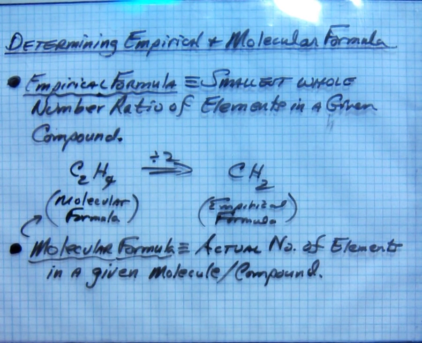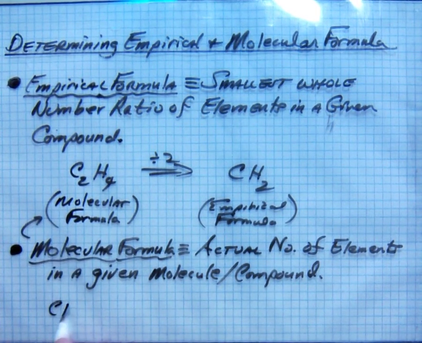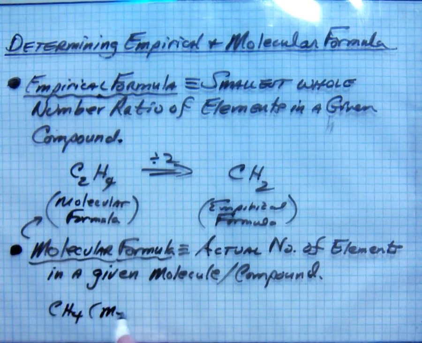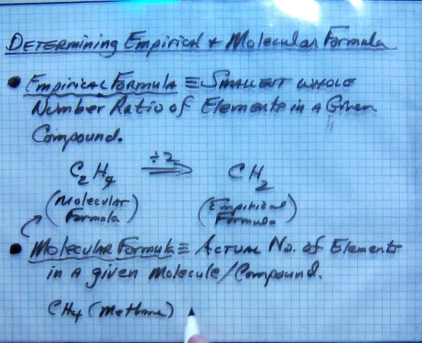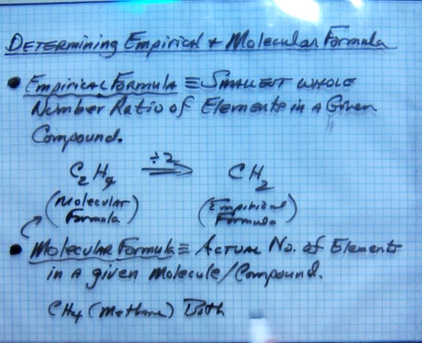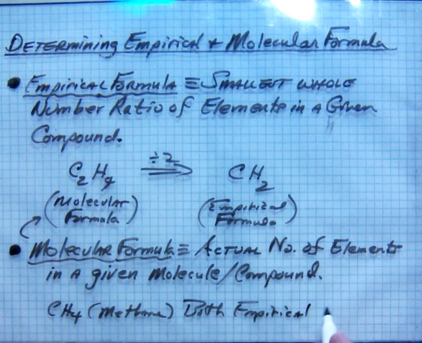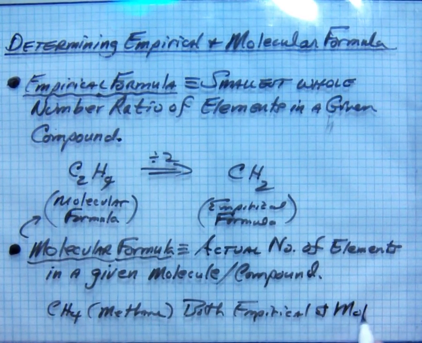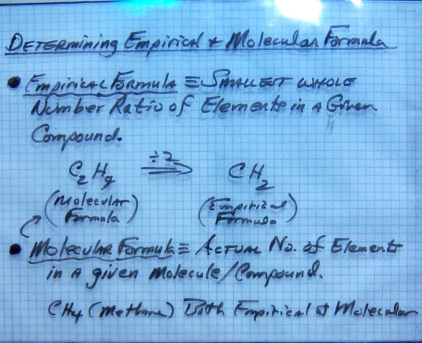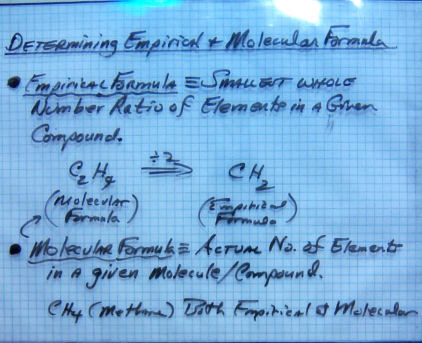Now, the empirical formula, listen to this carefully, what I'm about to say. The empirical formula may also be the molecular formula. An example is methane. CH4, methane, is both empirical and molecular formulas, in terms of its definition of what it is in that context.